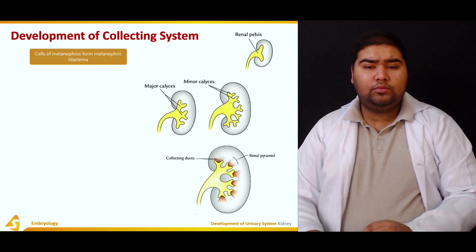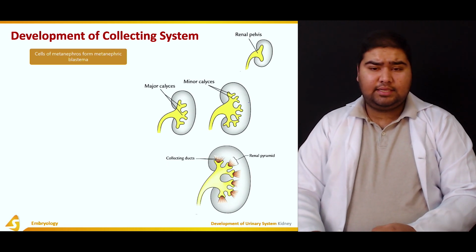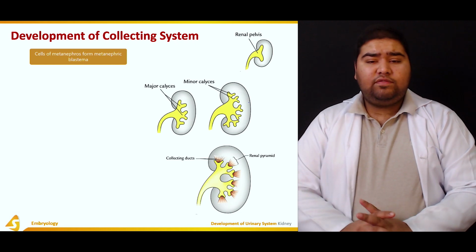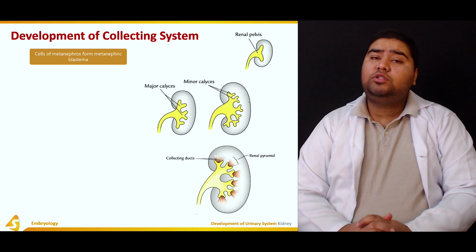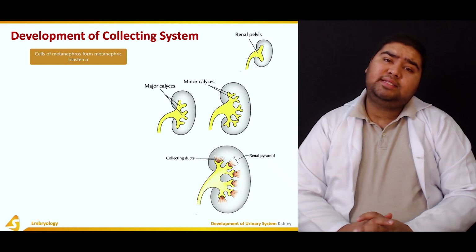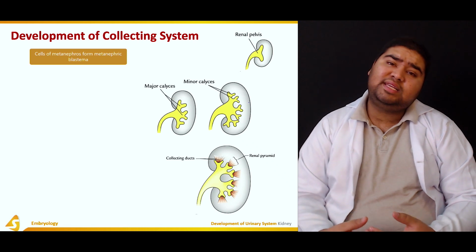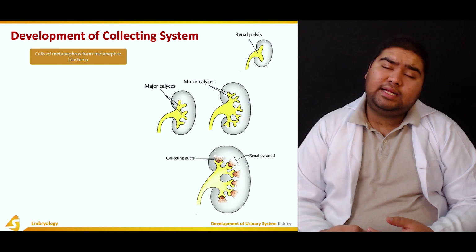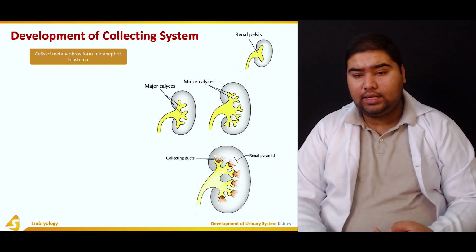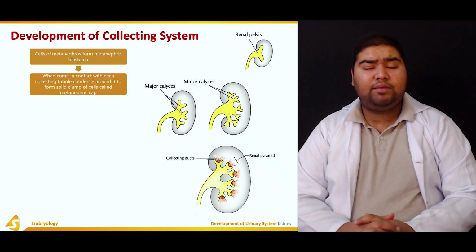So moving on with the development of the collecting system. Now the cells of the metanephros form the metanephric blastema. We talked about this before. The metanephric blastema is a ball of rapidly proliferating cells that helps in the formation of the adult collecting system of the kidney. How is this metanephric blastema formed?